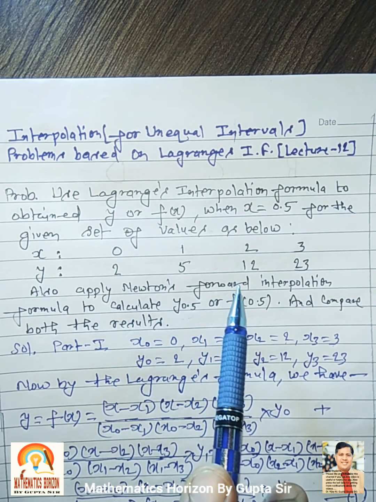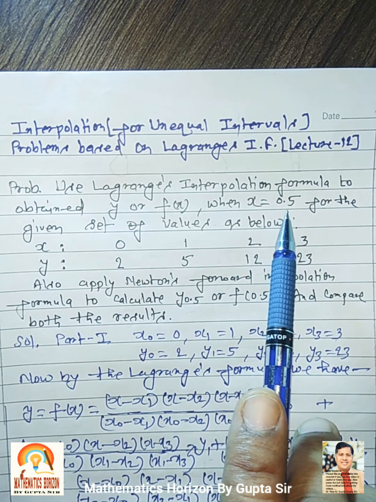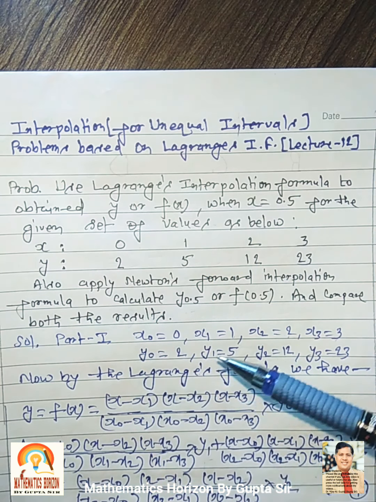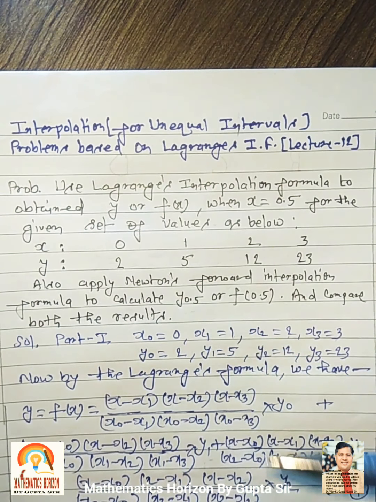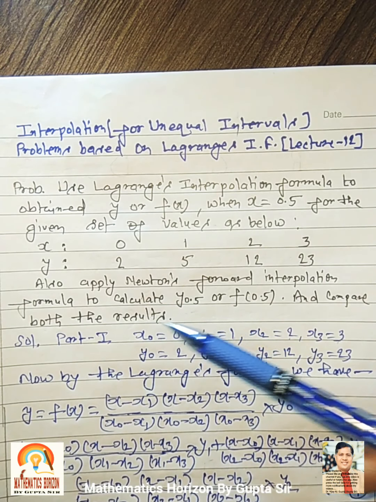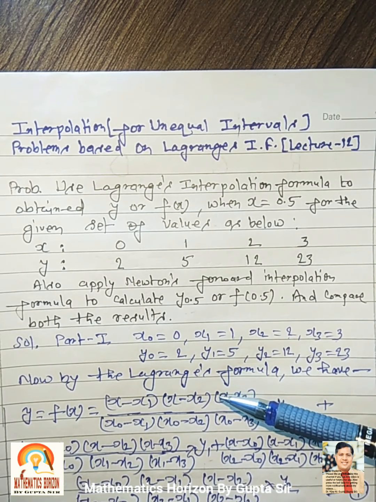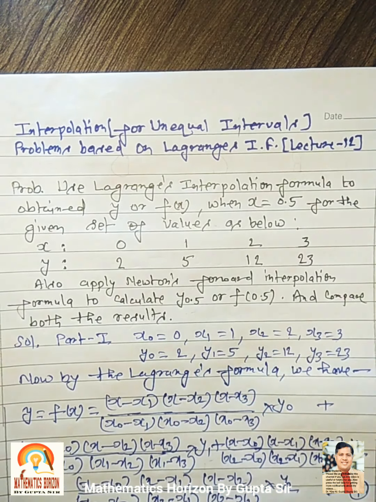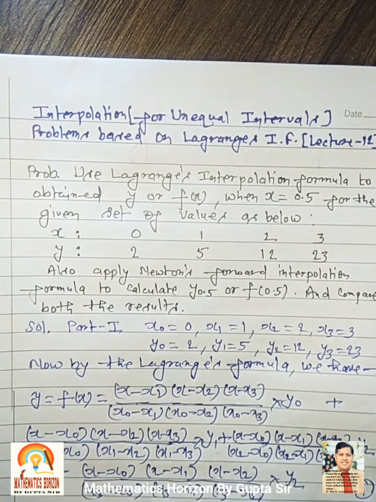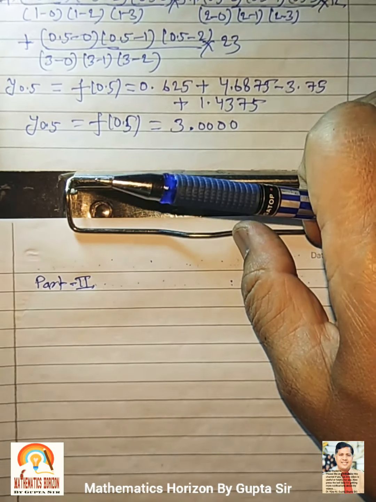That's why we can also find out the value of the function for x equal to 0.5 by using an equal interval technique. Here we have to apply Newton's forward interpolation formula. Let us solve this question by using Newton's forward interpolation formula, and let us compare the result we get.